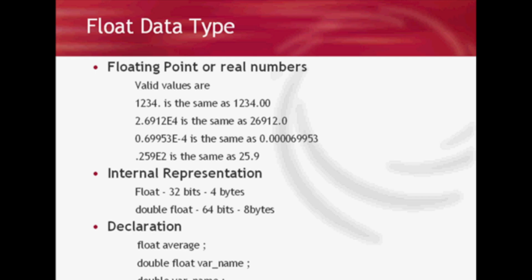In the exponential form representation, the real constant is represented in two parts. The part appearing before E is called the mantissa, whereas the part following E is called exponent. The first type of floating point number is float, which is a single precision real number occupying 4 bytes.